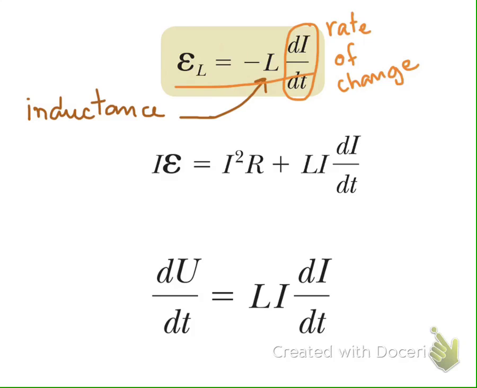Now we change the symbol a little bit. We change it to E_L to tell us that this is the EMF that comes from the induction. This term is the induced EMF that comes from the change of the magnetic field in the loop.